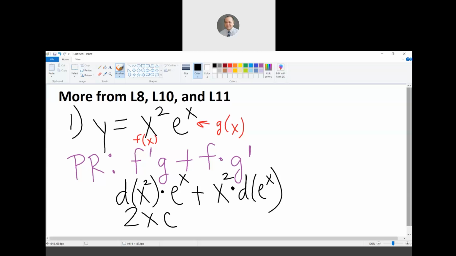And bring over the e to the x power. And x squared, bring that down also. And the derivative of e to the x is still e to the x power. So this is our final first derivative. I'll leave this up here if you're still jotting it down or taking a picture of it. Are there any questions about this first problem?